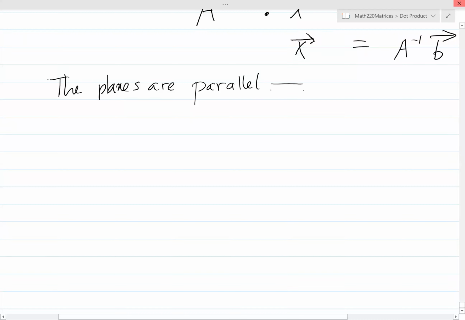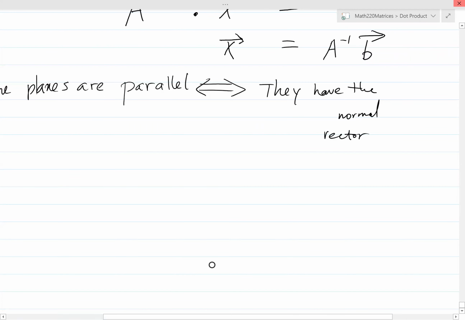Parallel, which is equivalent to distinct planes, means they have the same normal direction. Let's say they have parallel normal vectors.